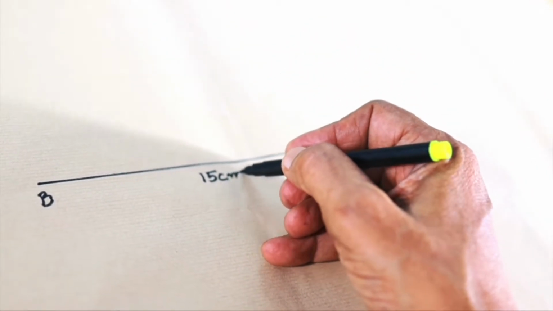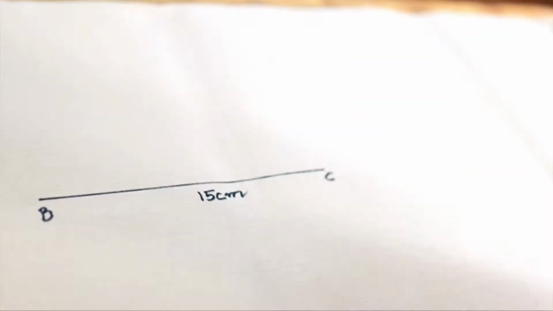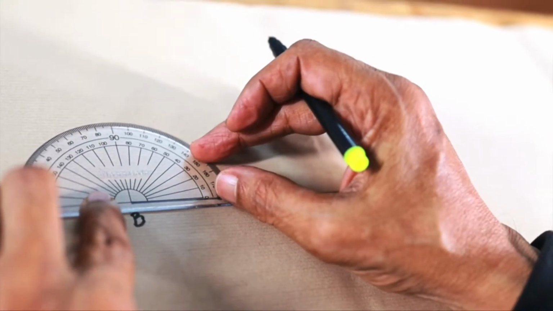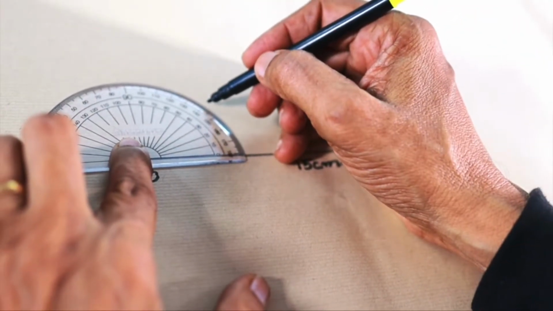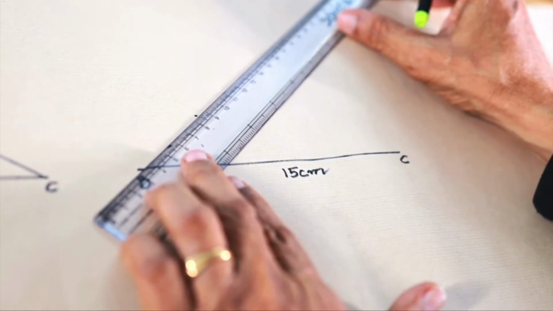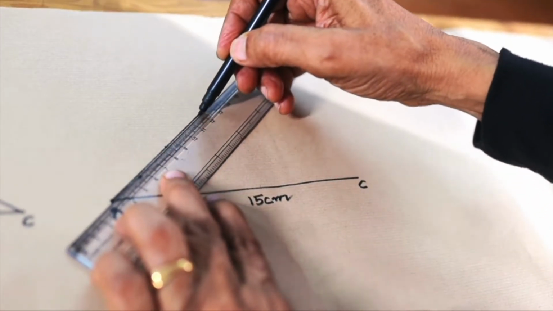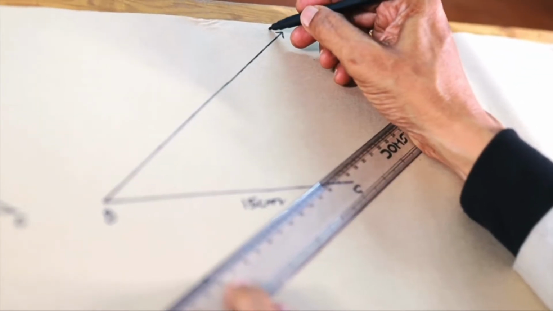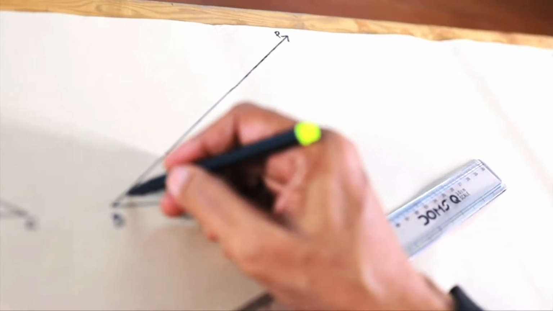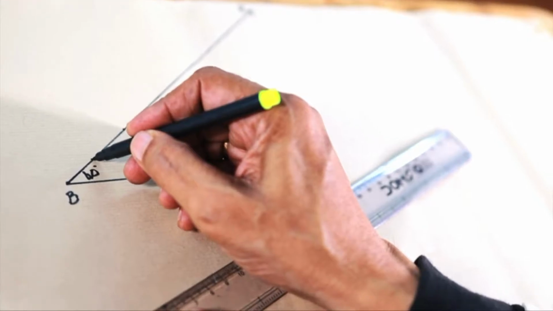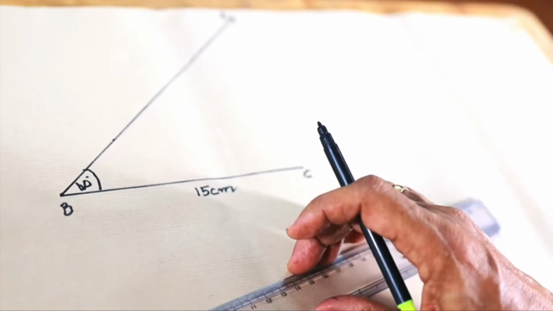Okay, now once again let us take protractor and mark an angle of 40 degrees at the point B. So this point makes an angle of 40 degrees with the base BC. Okay, this is the ray BP which makes an angle of 40 degrees with the base BC.